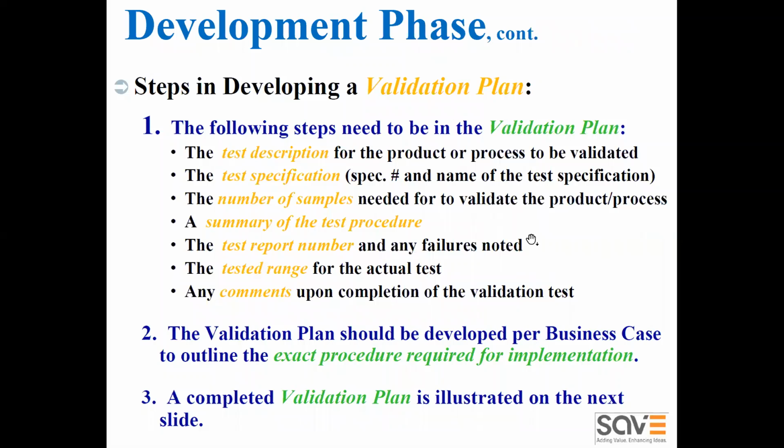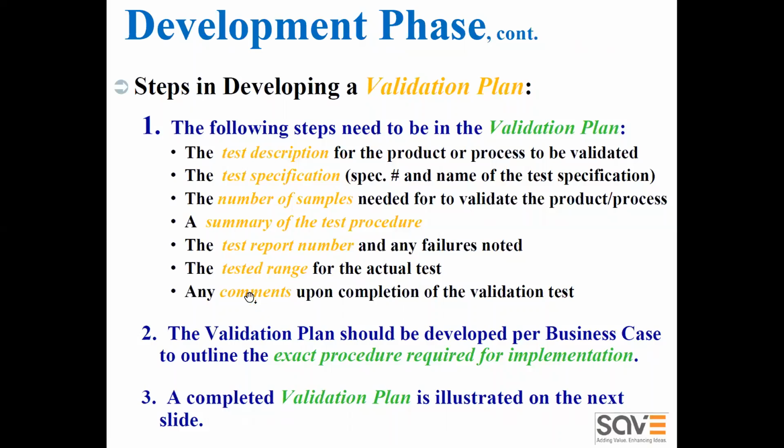Similarly, you also need to develop the plan for your validation or testing. So you need to prepare the same MSP. You need to tell what the test is, what the test specification is, and how many samples are required. You should also give a summary of the test procedure. You need to put the testing report number.